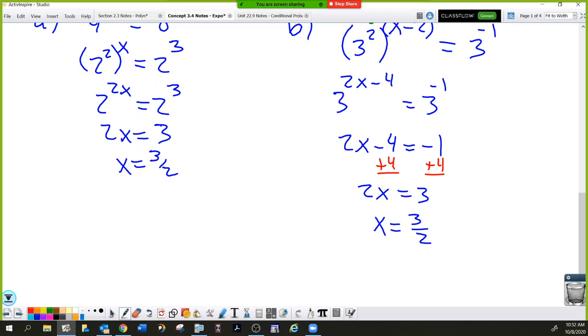I am going to hit you with some food for thought, though. And if you know the answer, don't say it. Normally, when we go from one step in the work to the next, we get to the next step using some kind of algebra, correct? Added to both sides or divided both sides by 2, things like that.